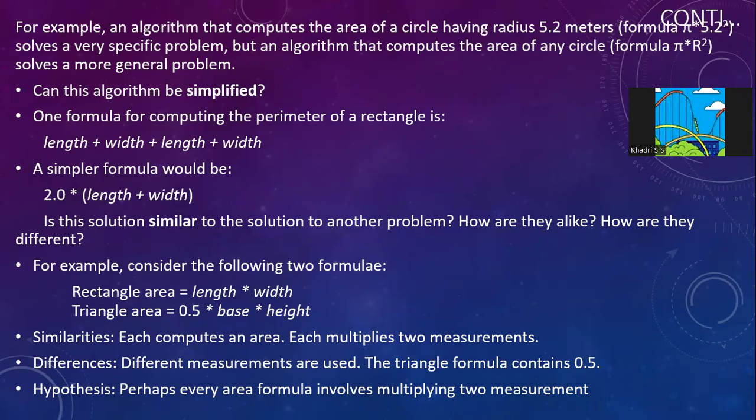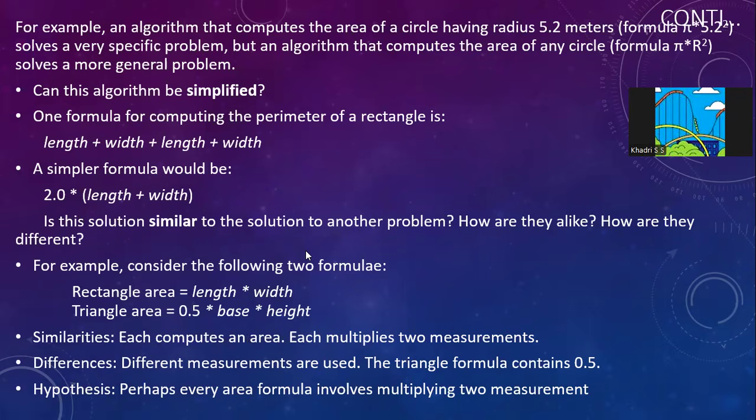If it is different, then how are they different? Everything should be checked over here. For example, consider two formulas: rectangle area is length into width, triangle area is 0.5 into base into height. These are two formulas where we can look for similarities, differences, and hypotheses. These are the things that should be applied when we go for these kinds of different formulas.